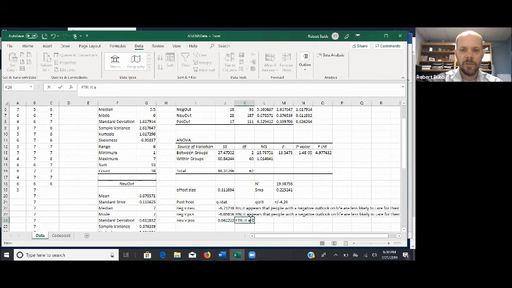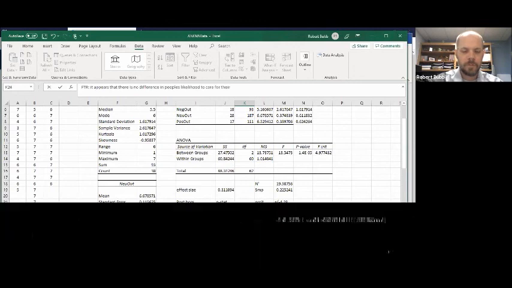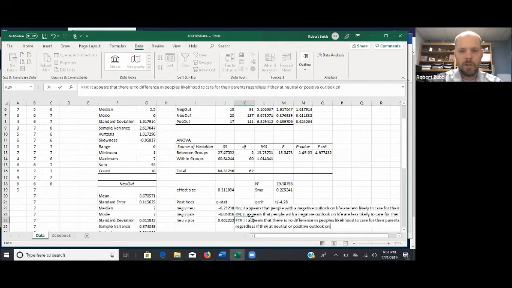So we say here that it appears that there is no difference in people's likelihood to care for one's parents regardless if they have a neutral or positive outlook on life.